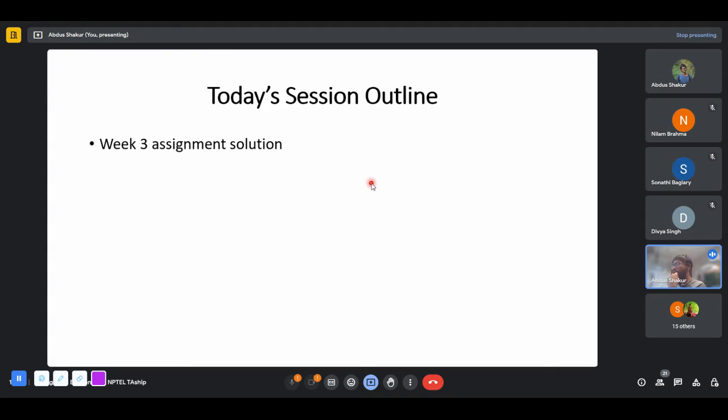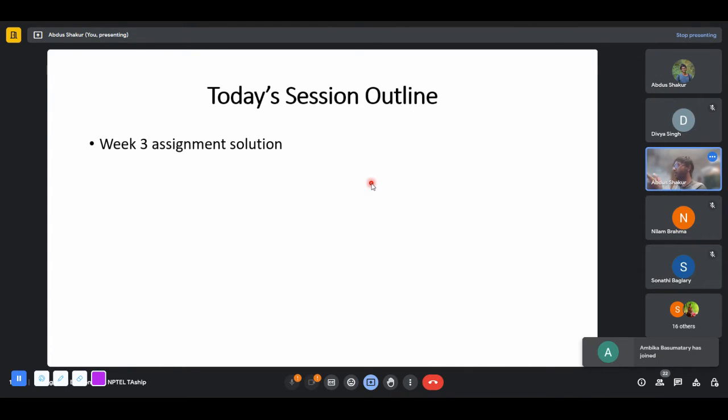And after that, last week we were discussing the status of wind energy. This time I thought we can discuss a little bit more about solar energy and try to understand the status of that, and a few other aspects of solar energy that we often tend to miss out. So that's the session outline for today.